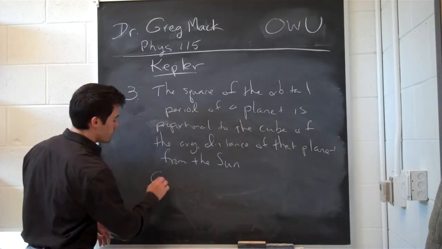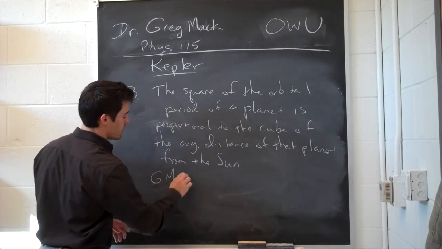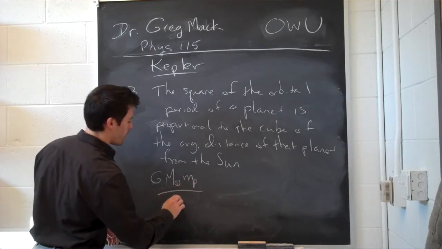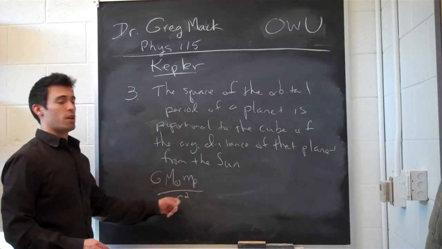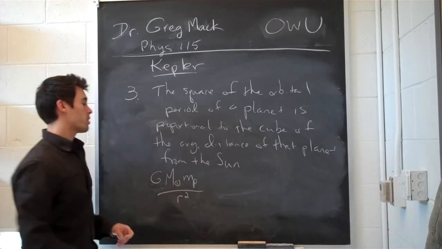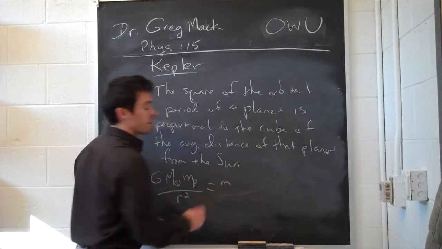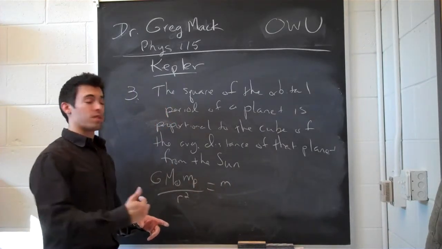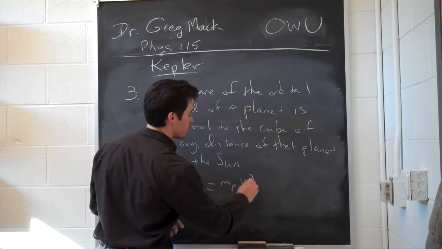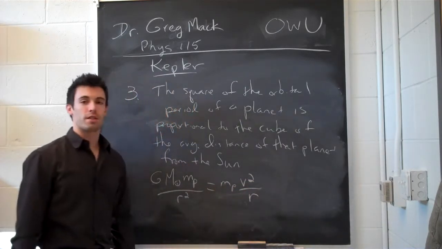So we have G times M sun times M planet divided by the distance between the sun and the planet, quantity squared, is equal to the mass of the planet times the centripetal acceleration, v squared over that distance.